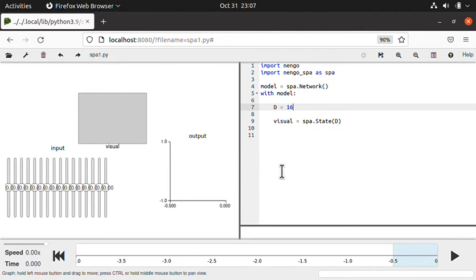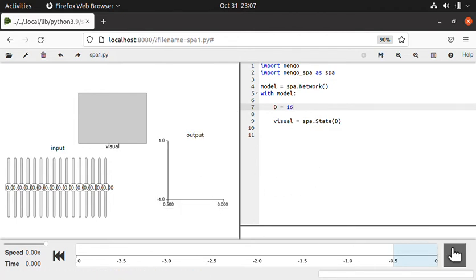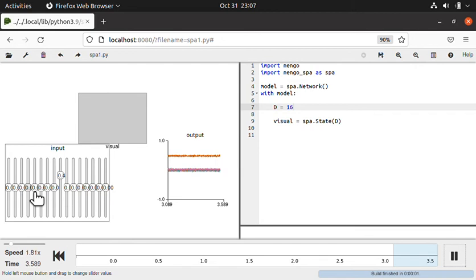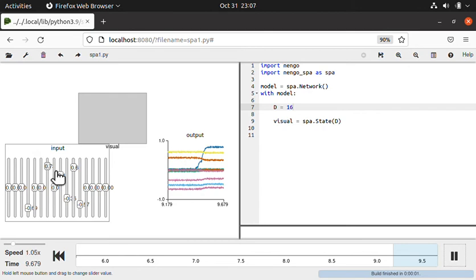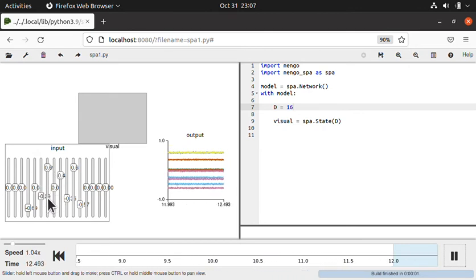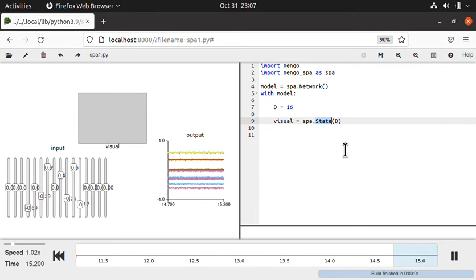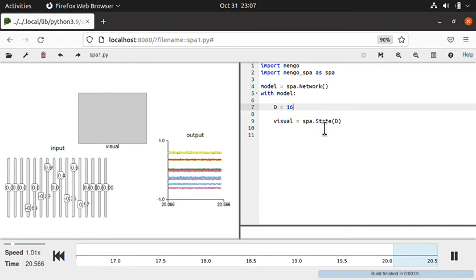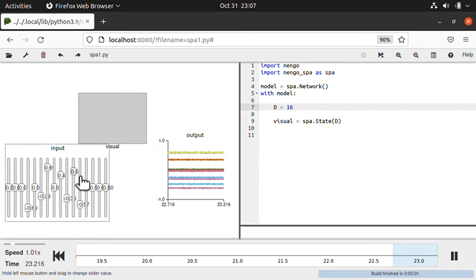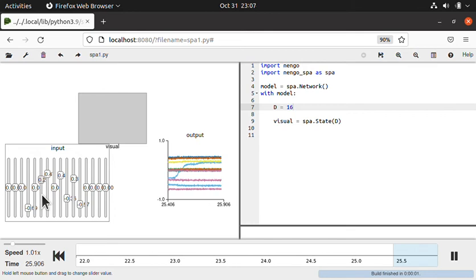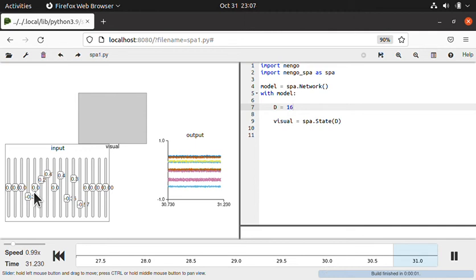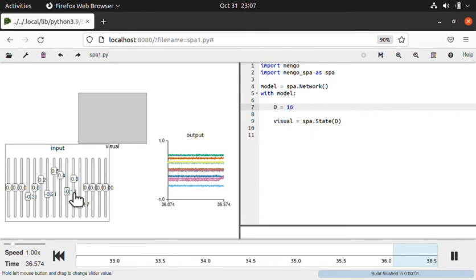This is 16-dimensional, so it really is just a group of neurons representing a 16-dimensional vector. We could have done that with a perfectly normal ensemble. The only thing this SPA state is doing is, if the dimensionality gets really big, it starts splitting it into some ensembles. That's just a convenience, so that I don't have to worry about that. The reason we split into sub-ensembles is I don't want to wait for it to solve for the decoders for giant groups of neurons.